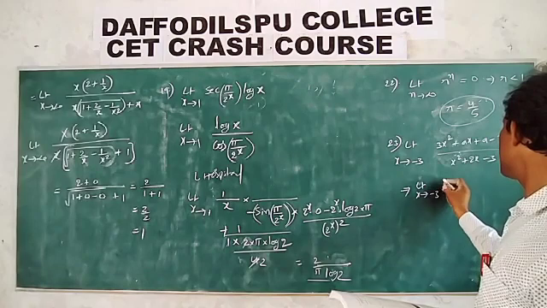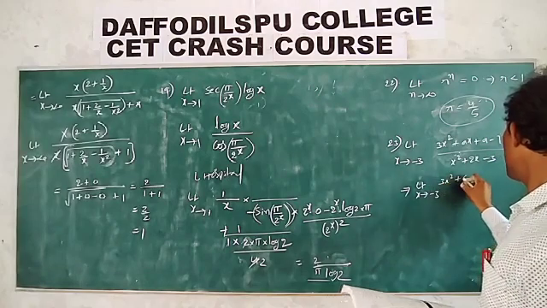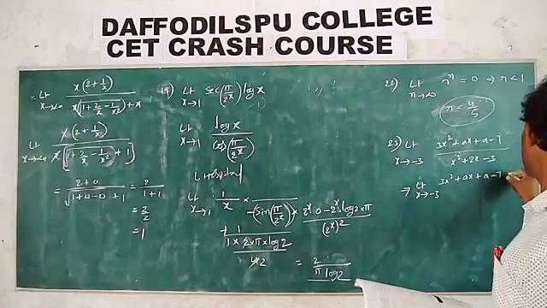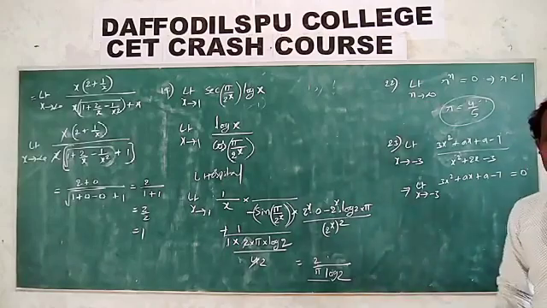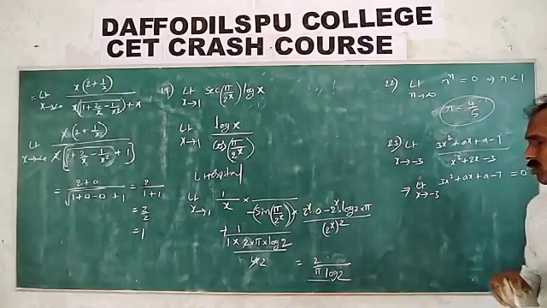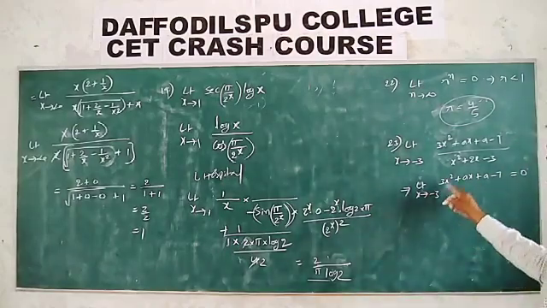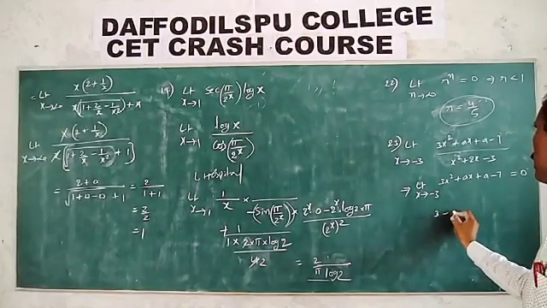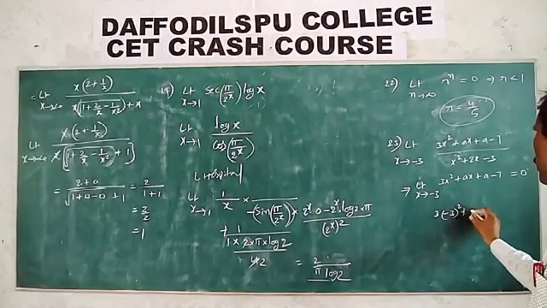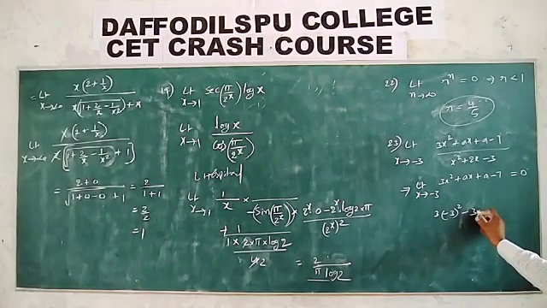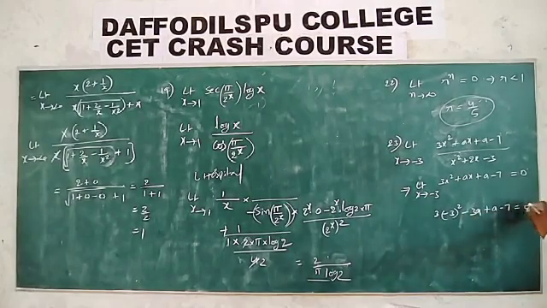Limit x tends to minus 3, 3x square plus ax plus a minus 7 is equal to 0, since the denominator also tends to 0. Now substitute minus 3. 3 of minus 3 whole square minus 3a plus a minus 7 is equal to 0.